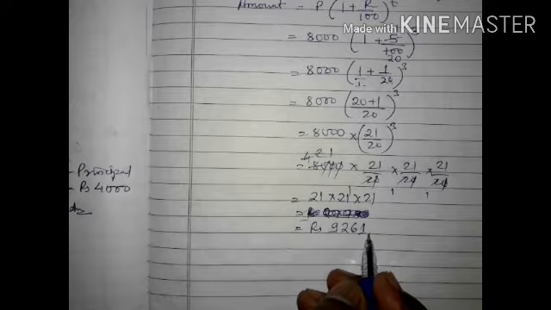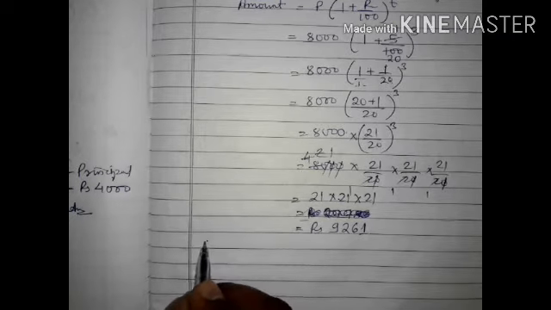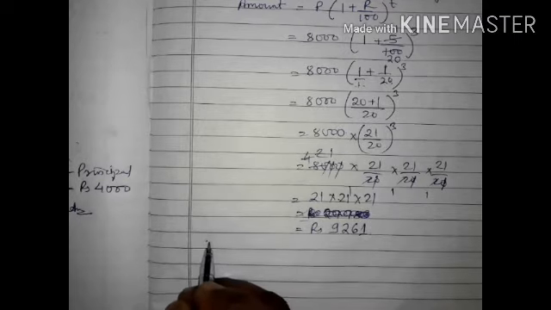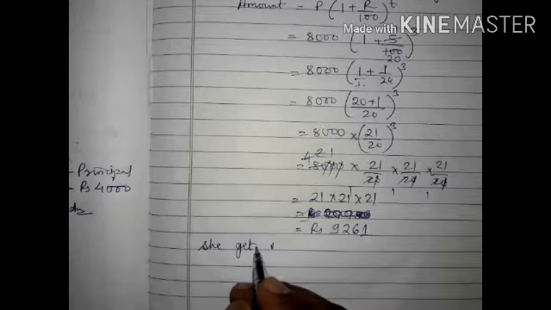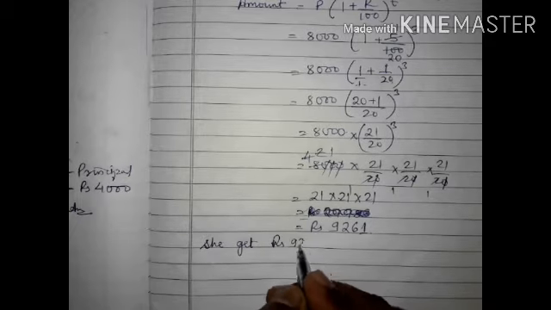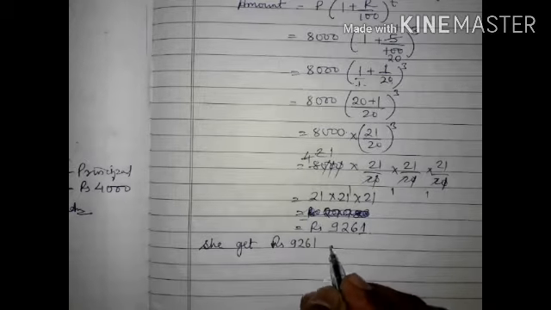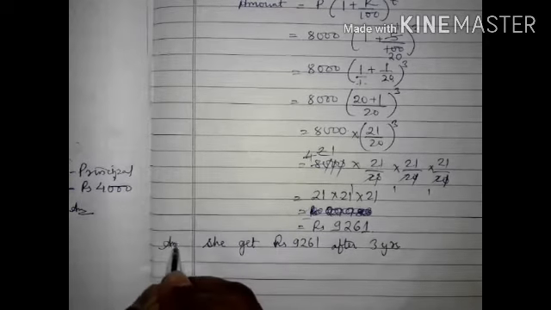It means the amount of money she would get after a period of 3 years is rupees 9261. She gets rupees 9261 after 3 years. That is the answer.